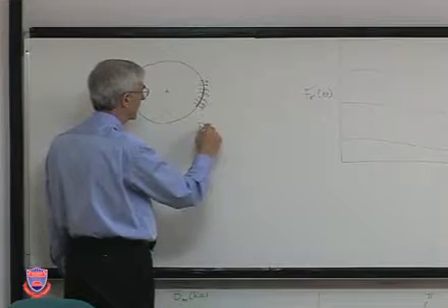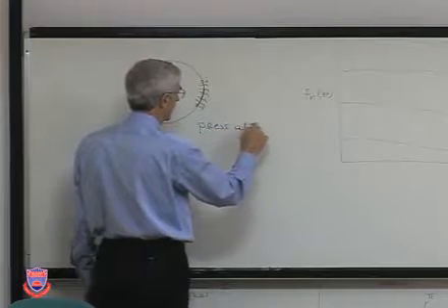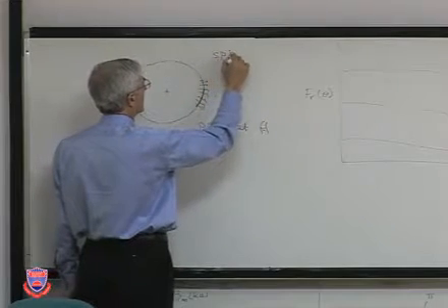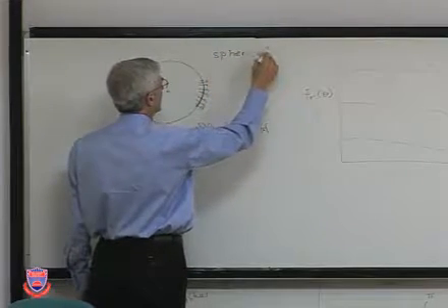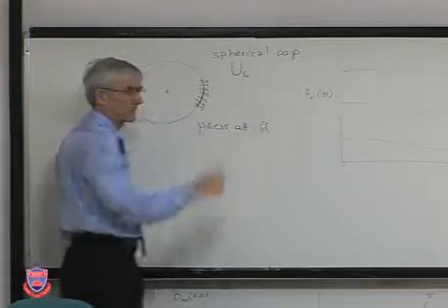What's the pressure at far field? Now this is a spherical cap, with a surface velocity U surface, let's call it.